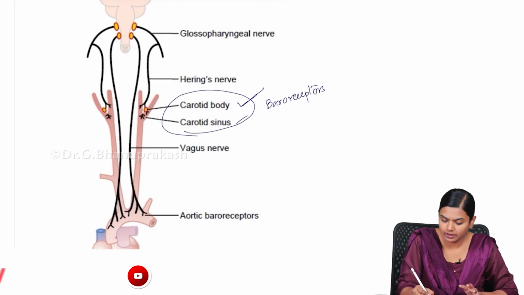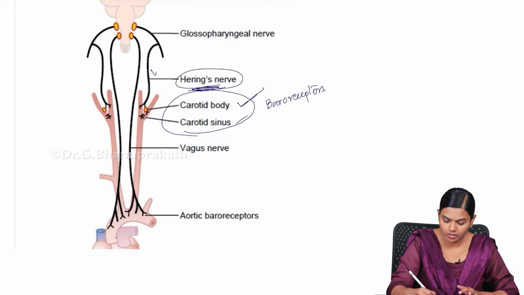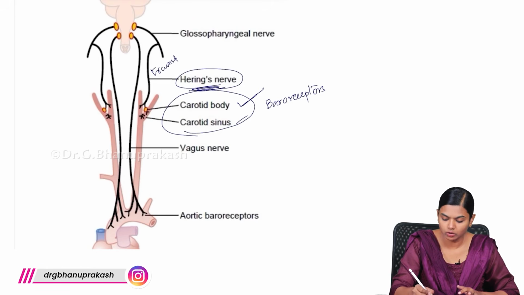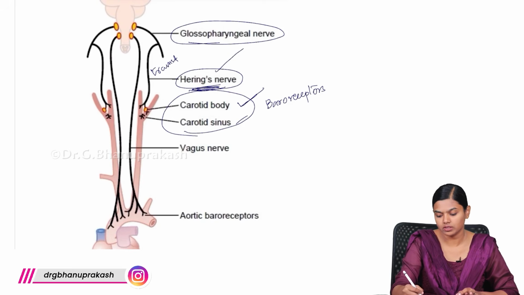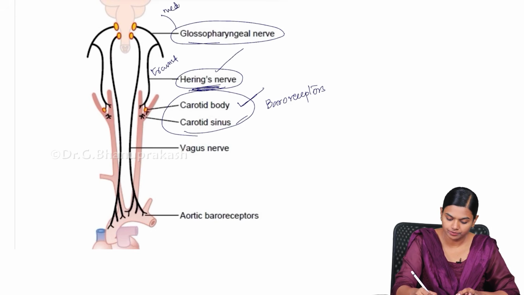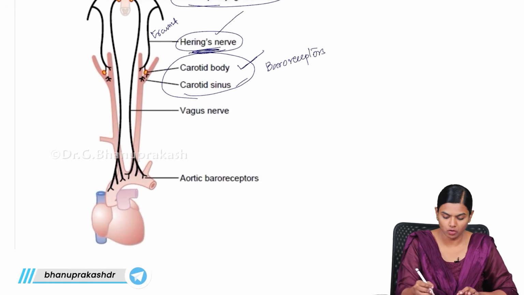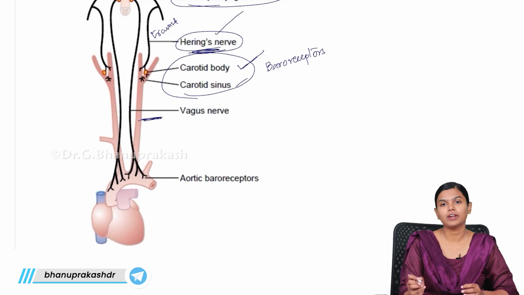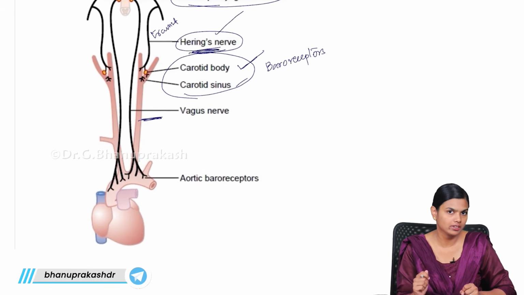Via the Hering nerve, the signal is transmitted to the glossopharyngeal nerve. From the carotid body, the Hering nerve takes the signal to the glossopharyngeal nerve, and from there the signal goes to the medulla, to the tractus solitarius, and there is activation of the vagus nerve.